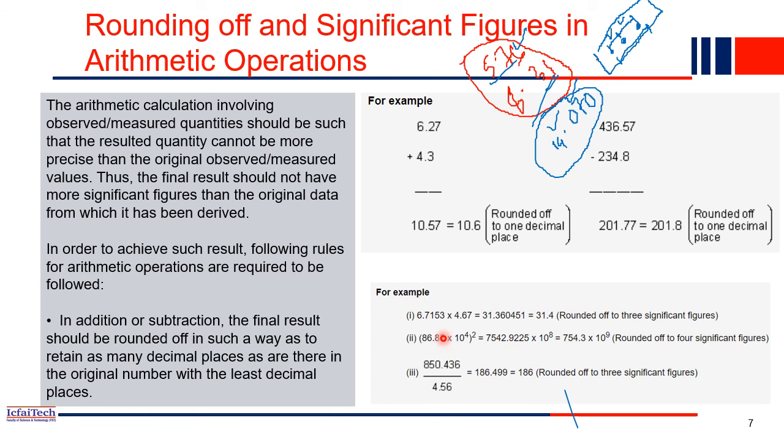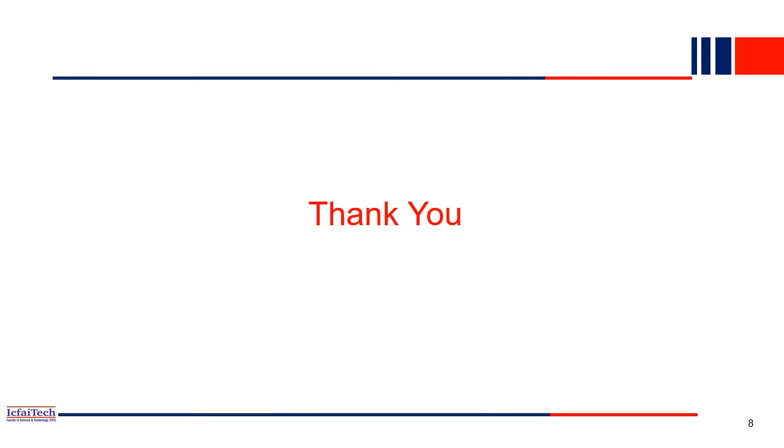Like that, all the divisions and multiplications we have to do using the rules which we discussed in the last slide. In this lecture, what we have discussed is a very important parameter, that is measurement, because when you go to the field, we will do a lot of measurements. We find distances, we find angles, all these things. That is why it is very important for us to do the rounding of numbers to overcome errors.